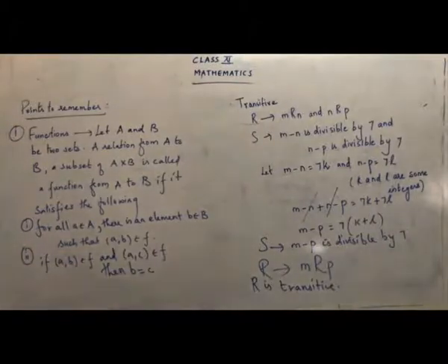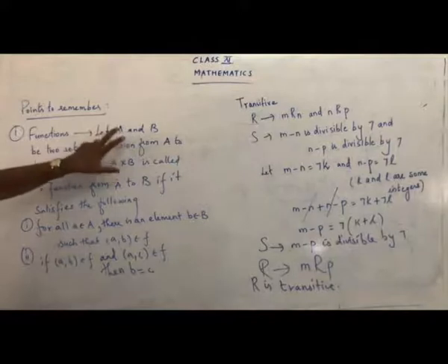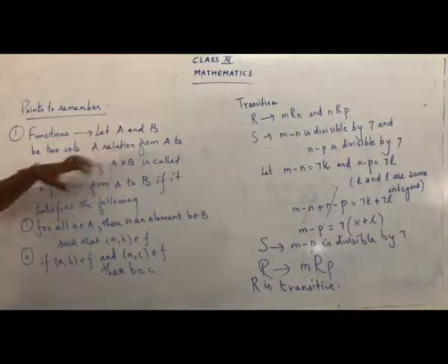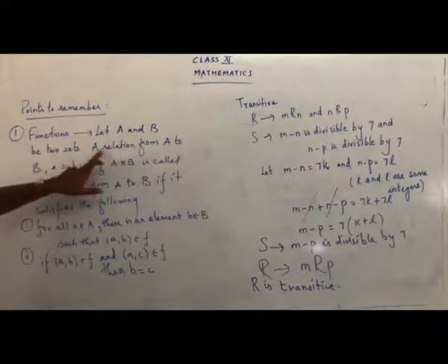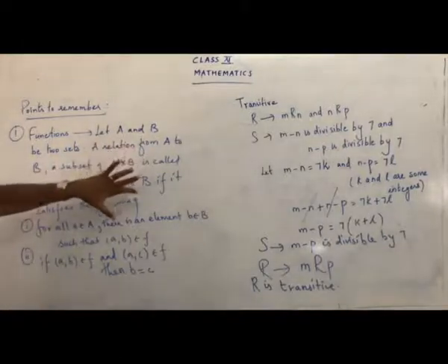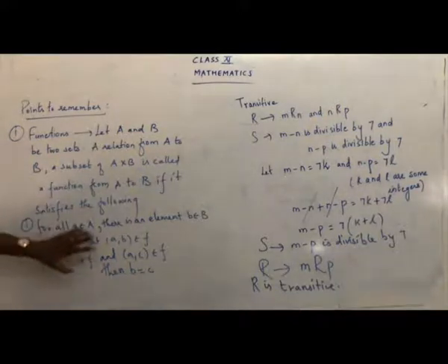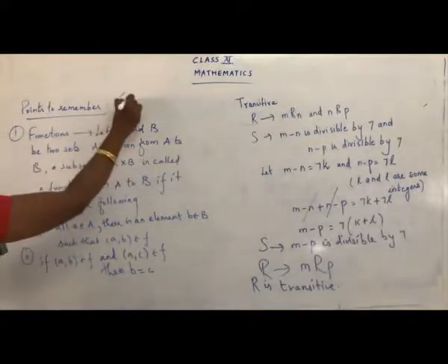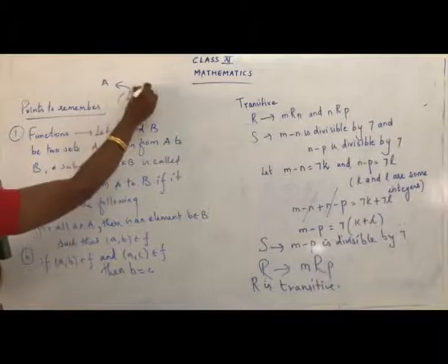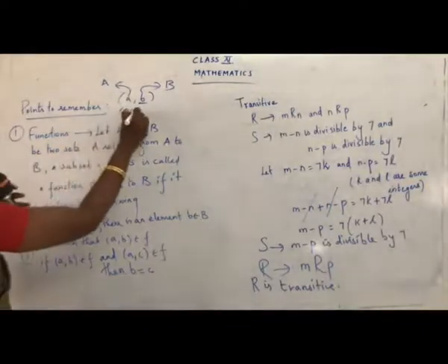So what was the definition for function? Let us have a small glance. You have to consider two sets, A and B. When you say it is a relation, it is a relation from A to B, a subset of A cross B, and that is called a function from A to B. You have to satisfy the condition that small a is taken from A and small b from B. The first element of the ordered pair (a, b) is taken from set A and the second from set B such that (a, b) belongs to f.